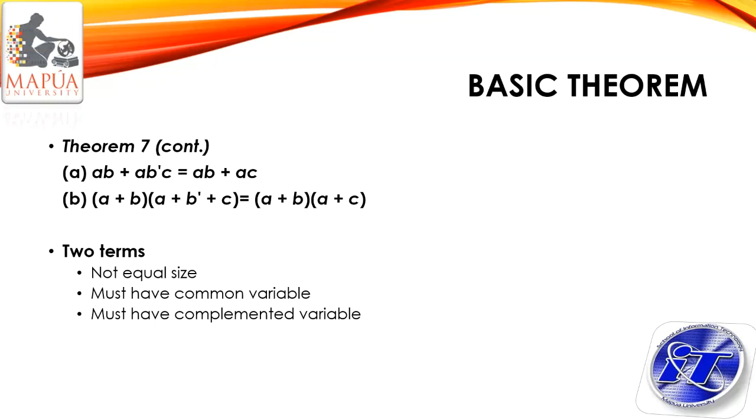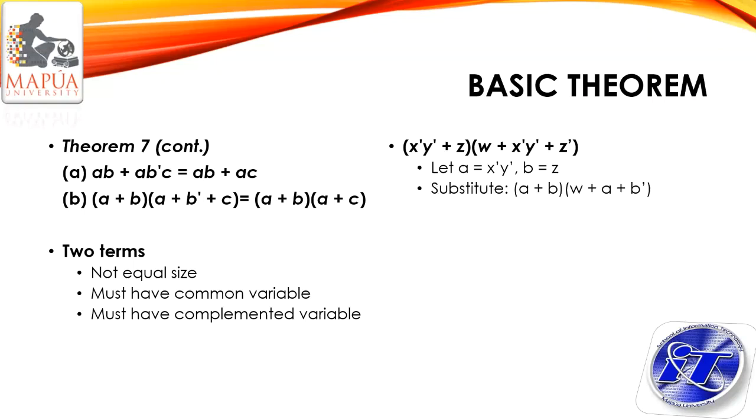Another example. We have x naught y naught plus z, and then to w, plus x naught y naught plus z naught. We have two terms, not equal size, yes. Must have a common variable, which is x naught y naught, and complemented variables z and z naught. So let A be x naught y naught, let B be equal to z, and w is equal to C. Substitute. So we have A plus B and the two W plus A plus B naught.